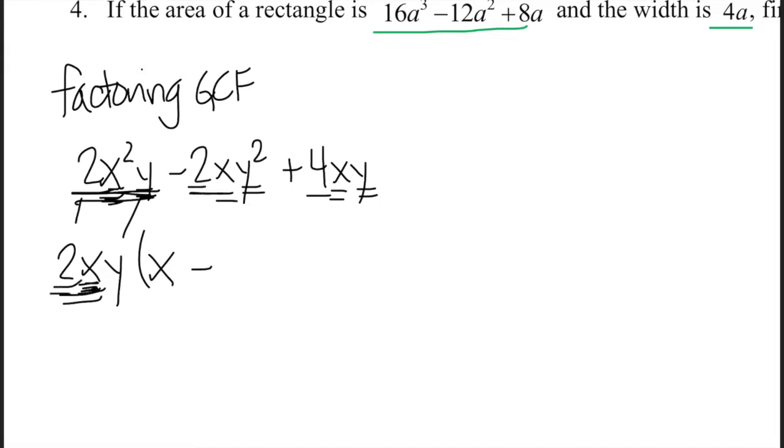I have the 2, I have the x, I have 1 y, but I need 2 y's. So I got to put a y there. Now, this is a 4. So 2 times what would make 4? 2. I have the x, I have the y already. So that's it. Okay, that is how you factor greatest common factor.